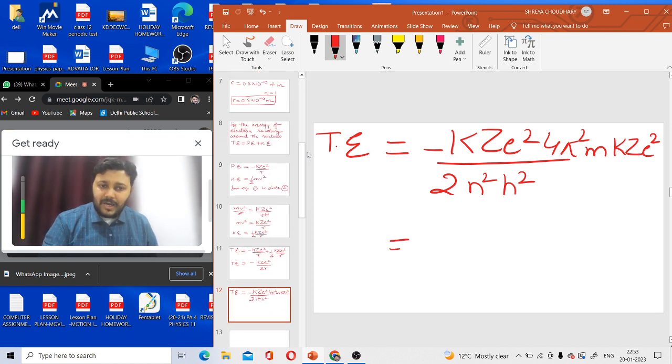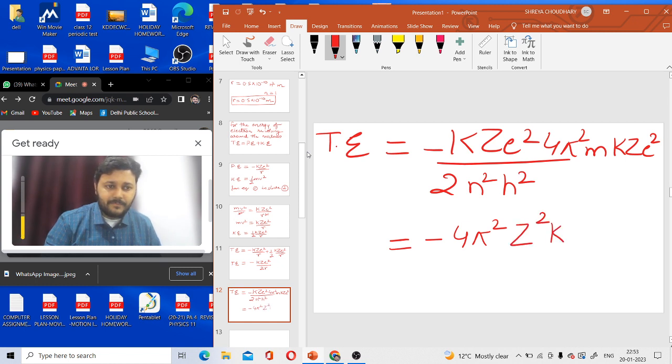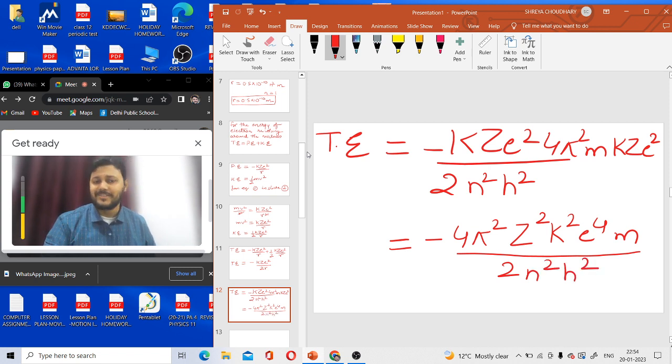Again, on rearranging for better calculation, we get minus 4π²Z²k²e⁴m in the numerator, and in the denominator we have 2n²h².